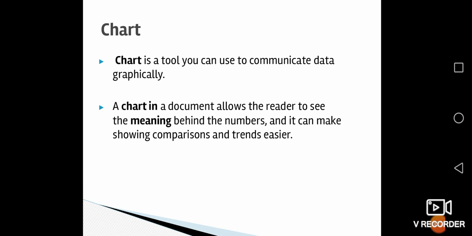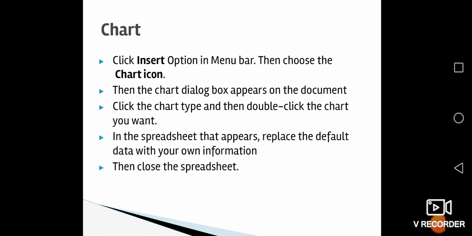You can also create your own chart if you want to represent the numbers in a graphical format that you like. First you have to click the insert option in the menu bar, then choose the chart icon. Then the chart dialog box will appear on the document. You have to click the chart type that you like. Then you have to double click on the chart pattern that you like.